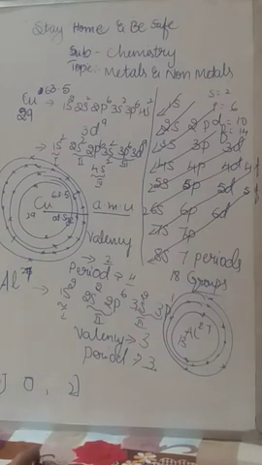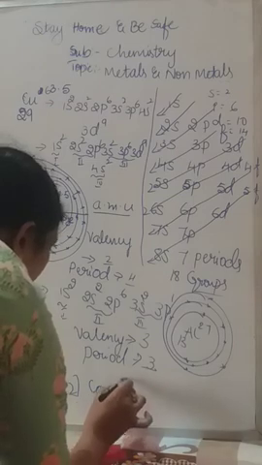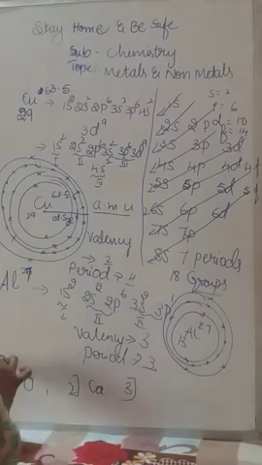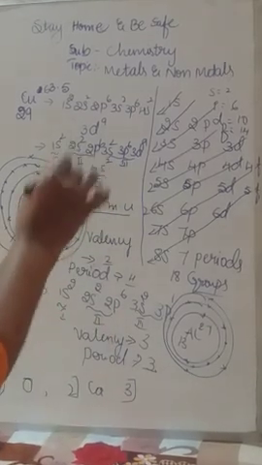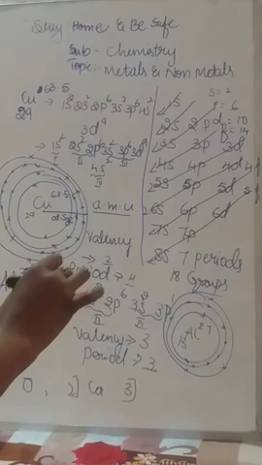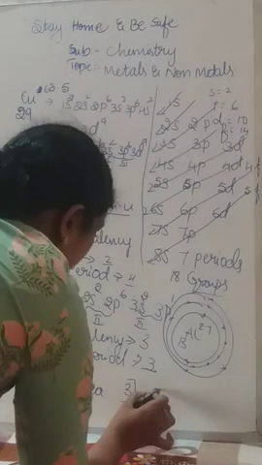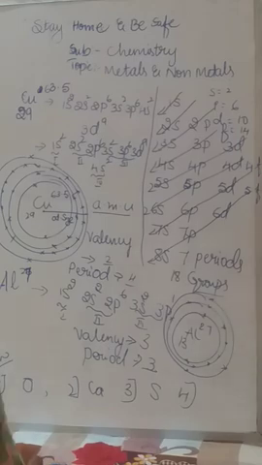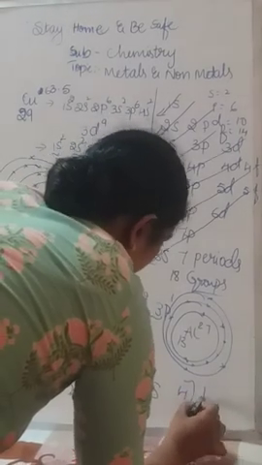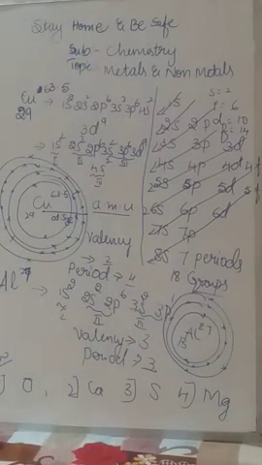Second one is calcium. These are the homework, you have to write everything: valency, period, electronic configuration, atomic structure. Clear? The next one is sulfur. Fourth one is magnesium, Mg. Okay, hope you will understand better.